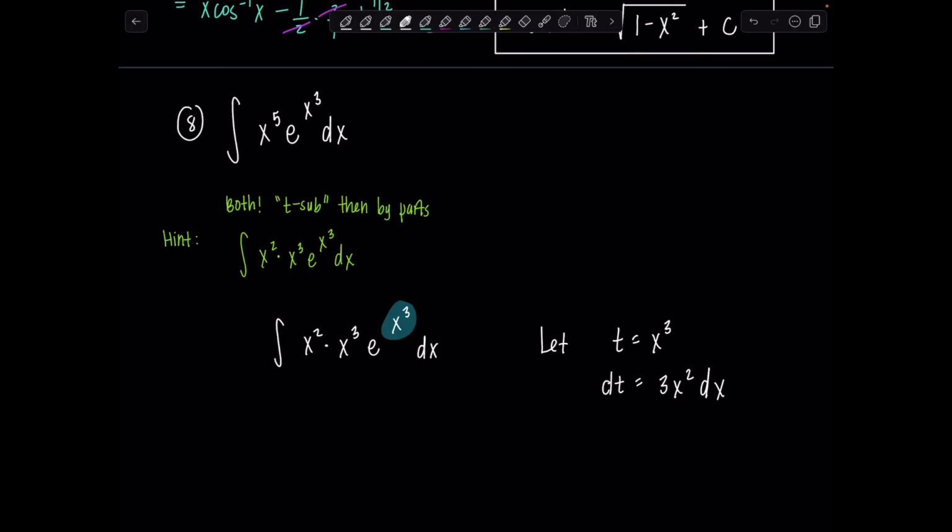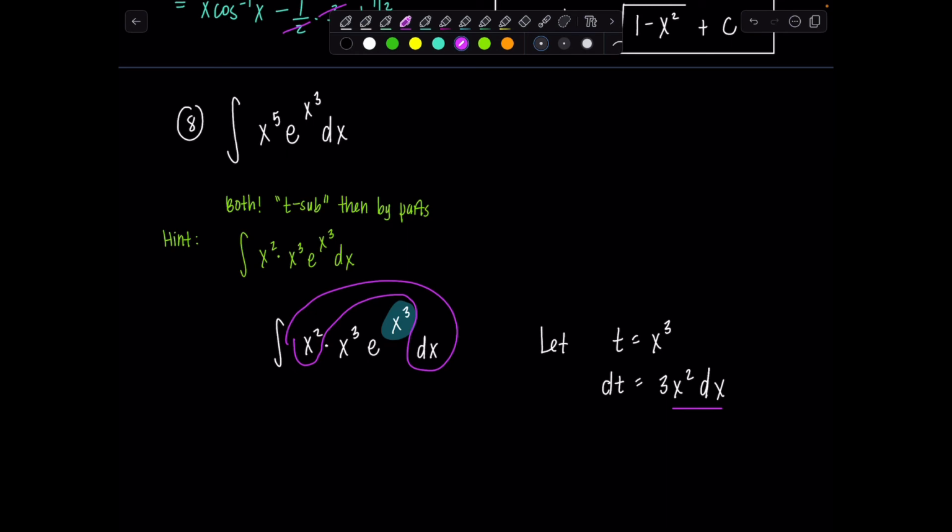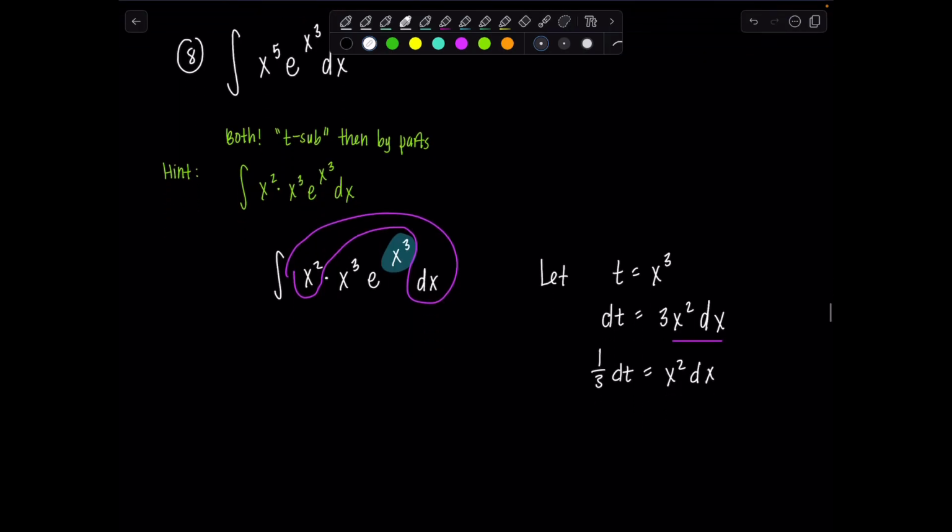It's kidney bean time. Let's draw the kidney bean. x squared dx. Okay, so I'm going to divide by 3 over here. So 1/3 dt is x squared dx. Perfect. So integral 1/3. Now what about this extra little loser x cubed? He's not a loser.